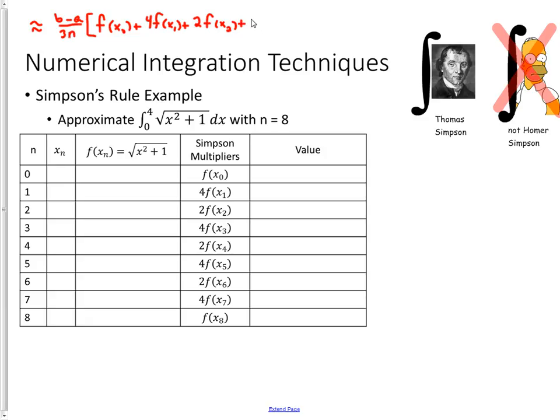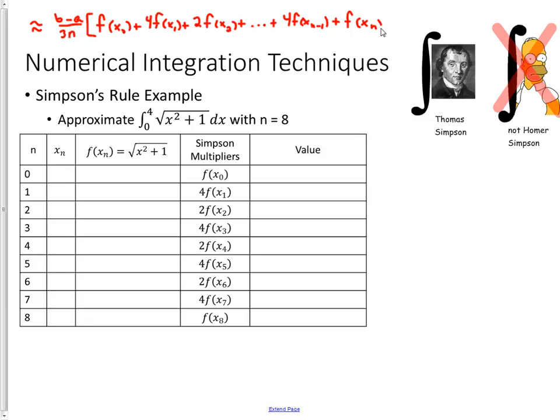So we would have 4 times f of x sub 3, 2 f of x sub 4, 4 f of x sub 5, and so on down the list until we got down to the end right here, and we would have 4 f of x sub n minus 1, the second to last rectangle area, and then of course f of x sub n as our last point right there.